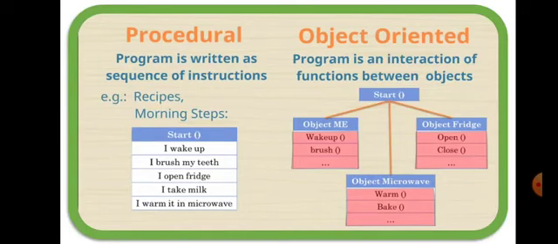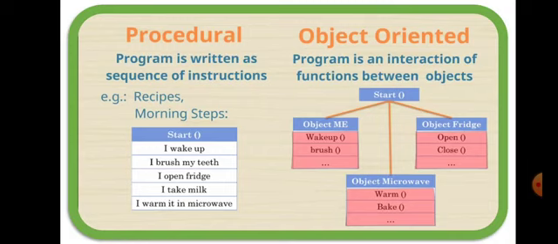Now, what is procedural and what is object oriented? We will see what is procedural and what is object oriented, and I am sure you are quite aware that procedural and object oriented come under high level language, which is more user friendly and closer to the human language.